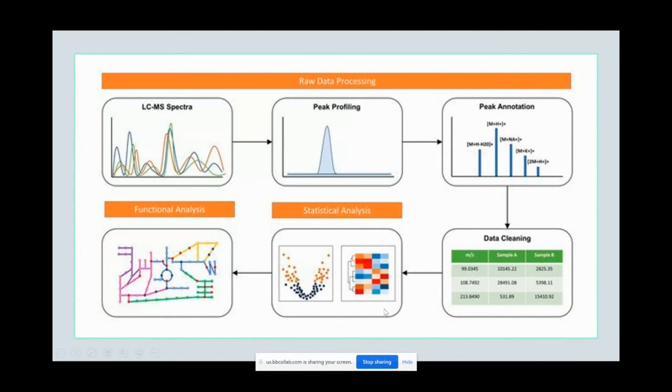We then can do some analysis of comparison. So here we would say, here's my disease, here's my normal cells, which metabolites are different? Again, very similar to the comparison you would do in proteomics or transcriptomics. And in metabolomics, we also can take all the metabolites that we find and map them on pathways.